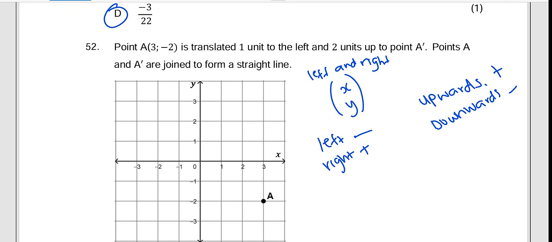This is point A, it is 3 and negative 2.